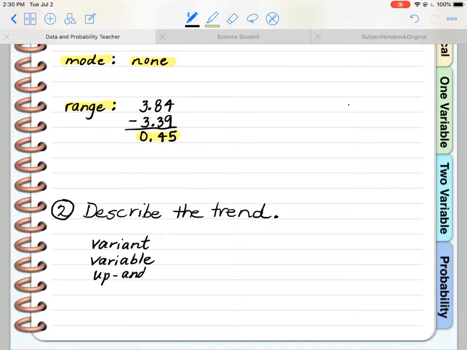You could say that it's up and down. You could say that it's not constant. So any of those terms or adjectives would describe this graph in data. You could also say rising and falling. That would be another one.